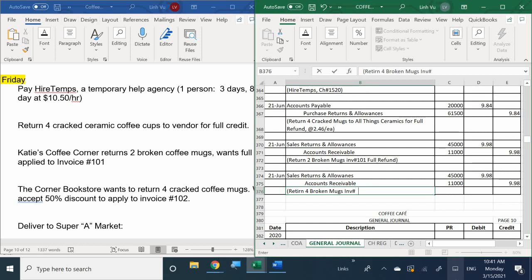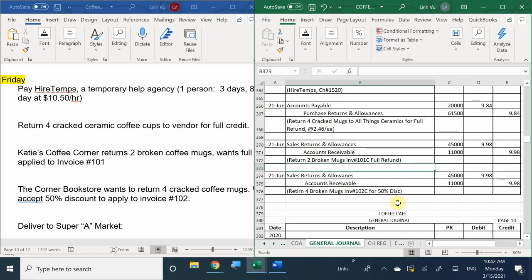Invoice number, I'm going to go ahead 102C, for 50% discount. Okay. And I'm going to edit this top one up here just so then it looks a little even. There you go. Okay, so there we are. Returning $9.98. So where do we go next?